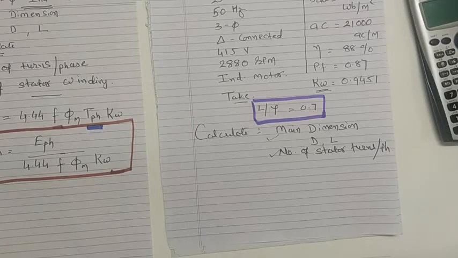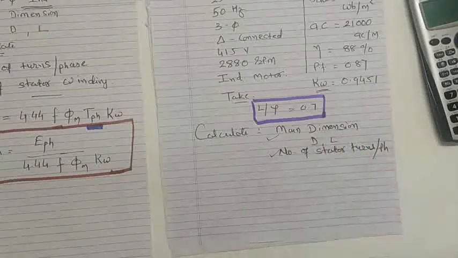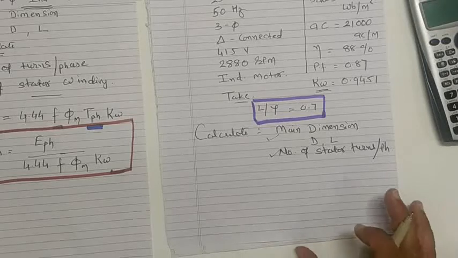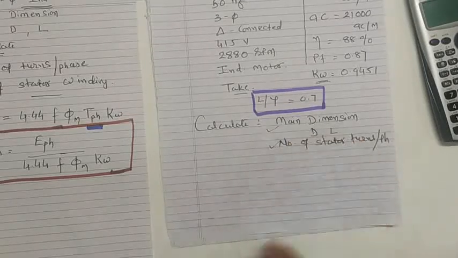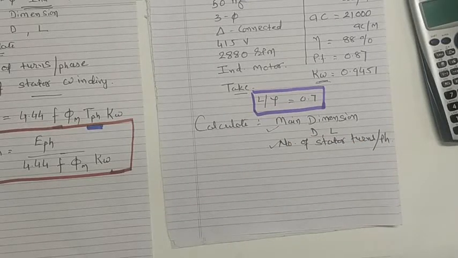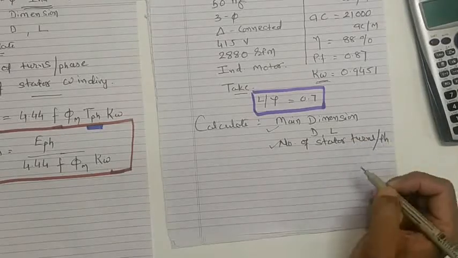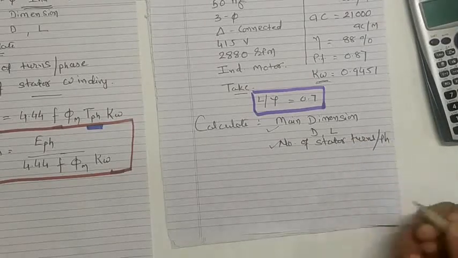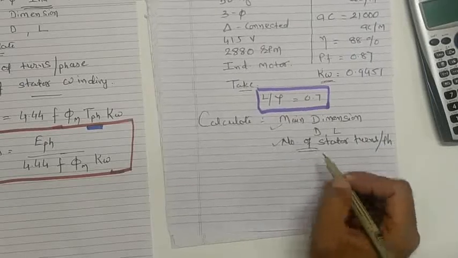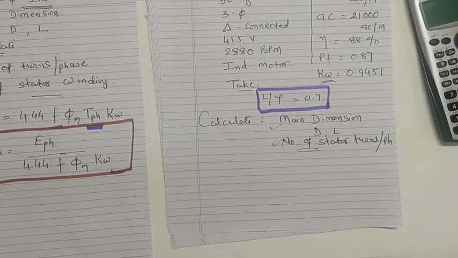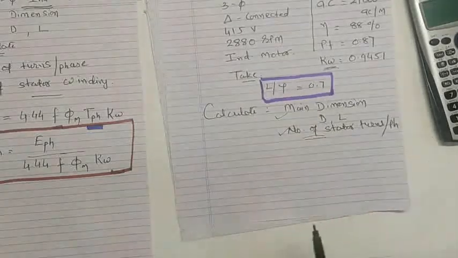In previous lectures we have seen how to calculate main dimension. We have been doing main dimension in 5 steps. So we will have to follow same 5 steps today also, and in 6th step we will calculate number of stator turns. So now let us start. First we calculate main dimension.